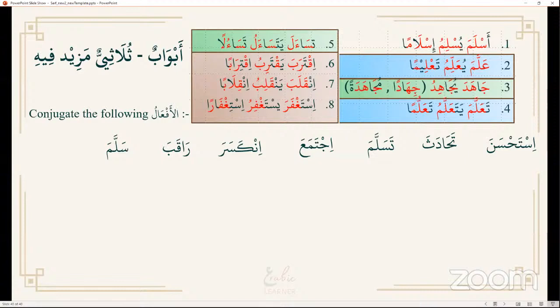Sallama, yusallimu, tasliman. Good. See how you can find out other words just by knowing one word.